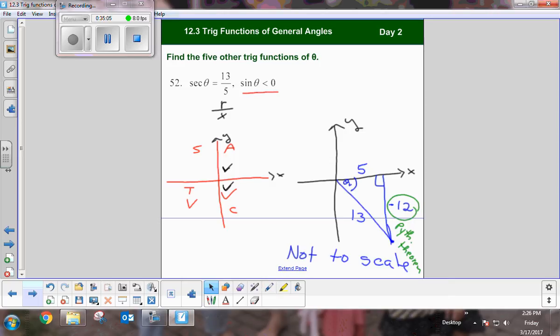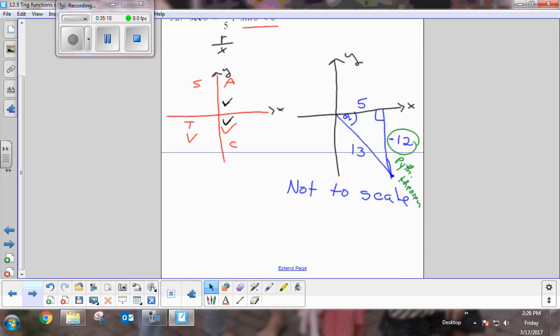So now find the 5 other trig functions. I have a triangle. Can I find those 5 other trig functions? Sure. I'll list all 6: the sine of theta, the cosine of theta, the tangent of theta.